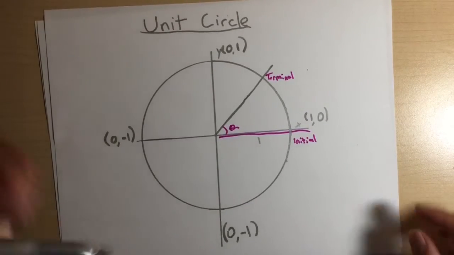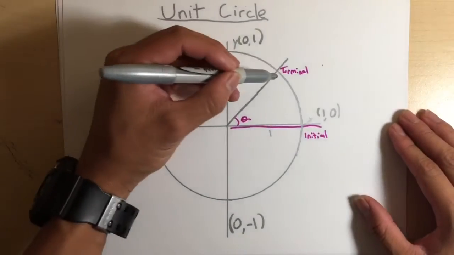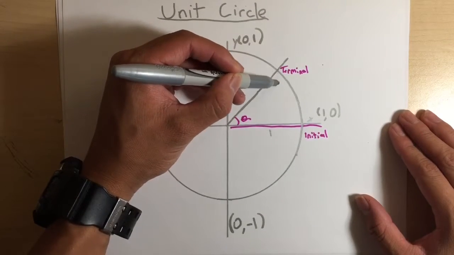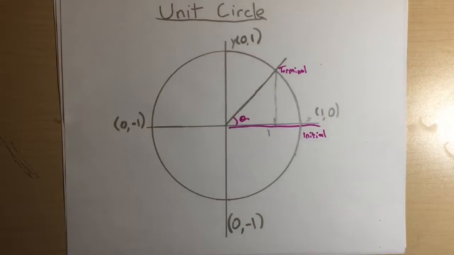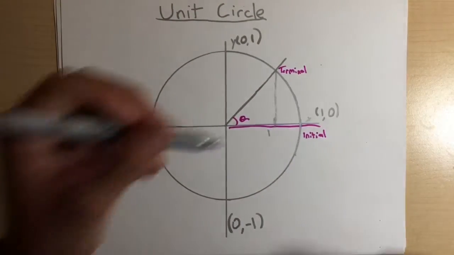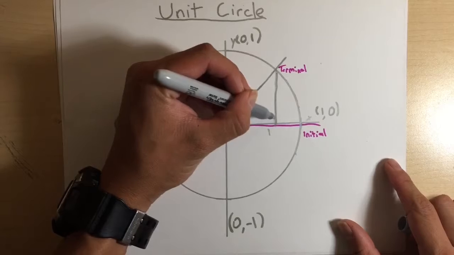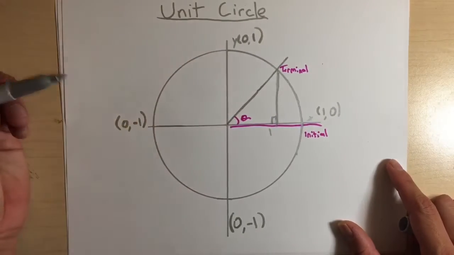So next what I'm going to do is I'm going to make another line, drop it right here and make it 90 degrees parallel with this line right here.